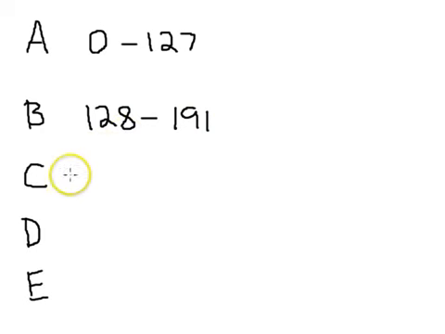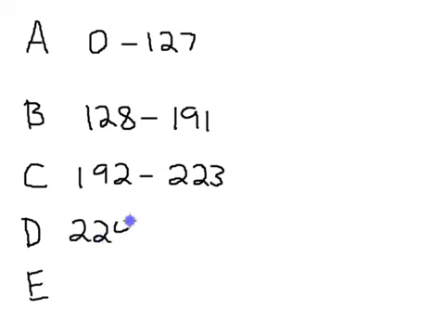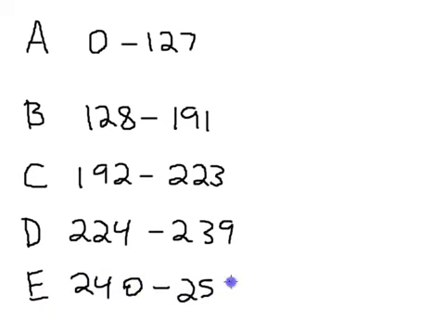Class C is for 192 through 223. And Class D is 224 through 239. And the last class, Class E, goes from 240 all the way to 255. Now this is the first octet of the IP address.